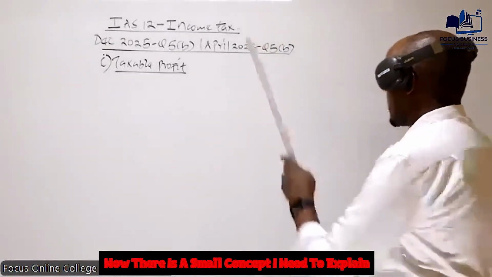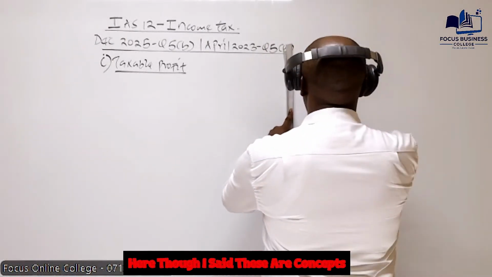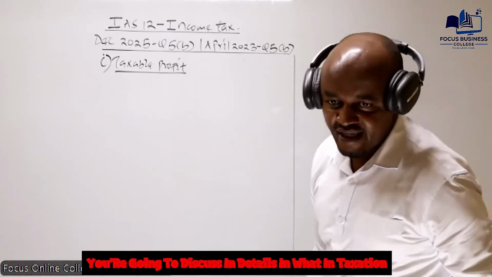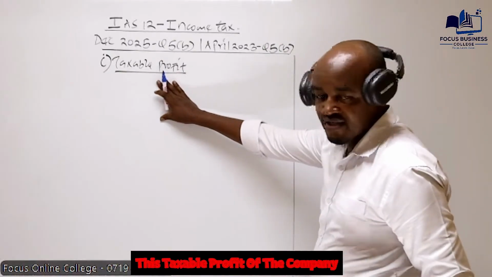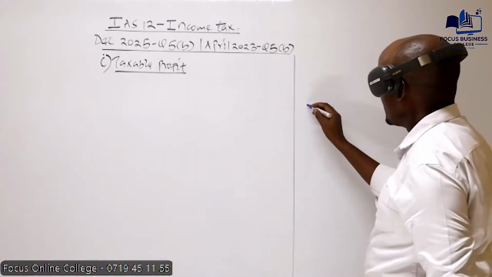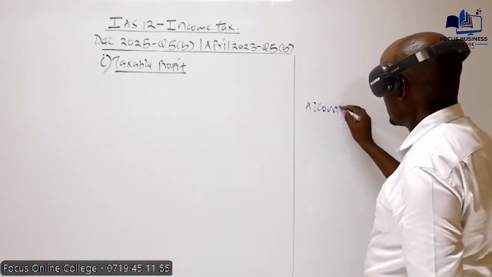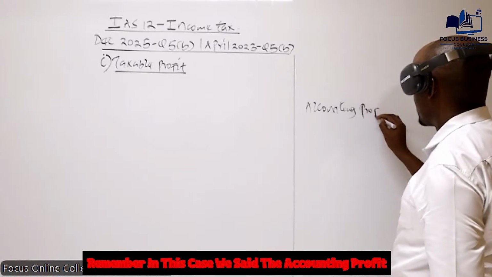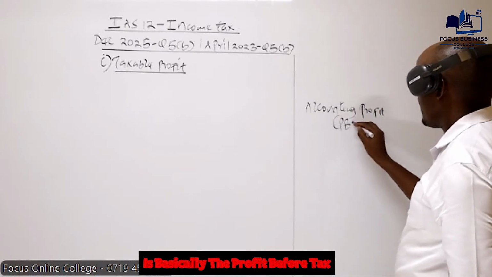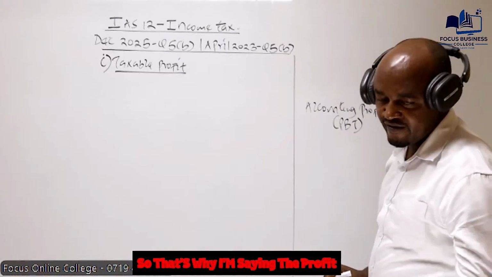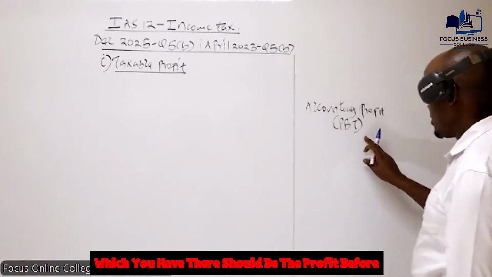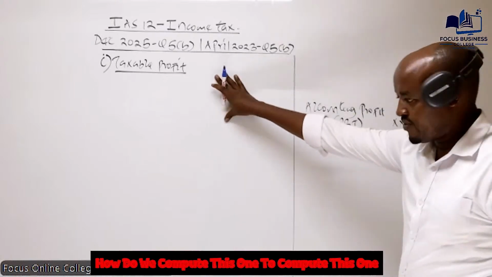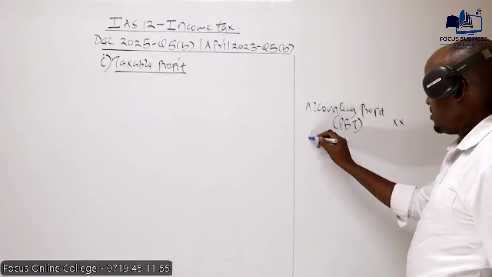Now, there is a small concept I need to explain here, though these are concepts you're going to discuss in detail in taxation. If you're required to compute the taxable profit of the company and you're given the accounting profit, remember we said the accounting profit is the profit before tax. That's why I'm saying the profit you have there should be the profit before tax. So how do we compute the taxable profit from it?